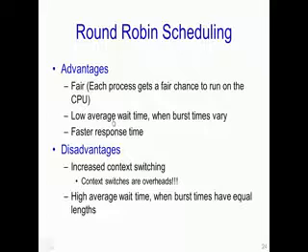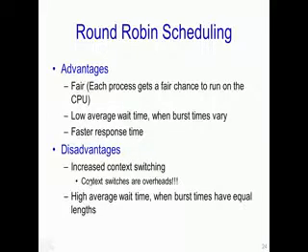So, the advantages of the round robin scheduling algorithm are as follows. The algorithm is fair because each process gets a fair chance to run on the CPU. The average wait time is low, especially when the burst times vary, and the response time is very good. On the other hand, the drawbacks of the round robin scheduling algorithm are as follows.